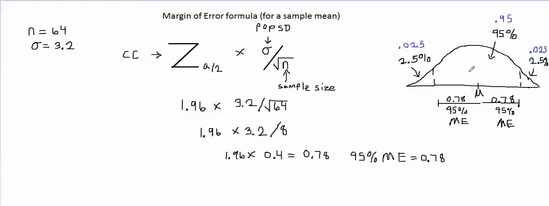This area is within 0.78 of the population mean. And this area is more than 0.78 above the population mean. We found out that 2.5% of the samples are in here, 95% of the samples are in here, and 2.5% of the samples are in here.